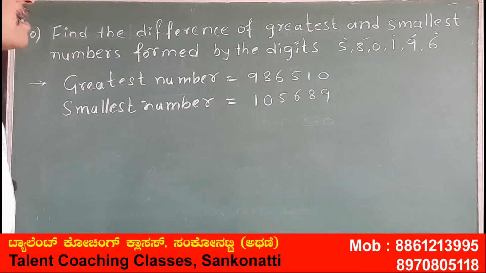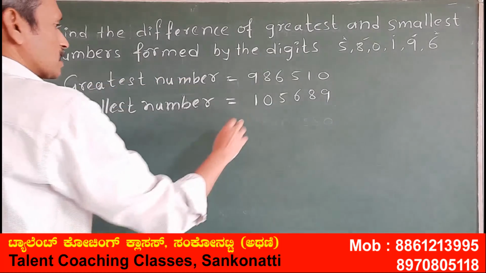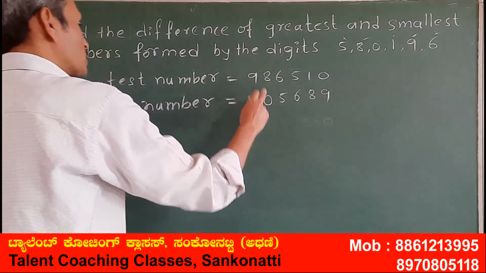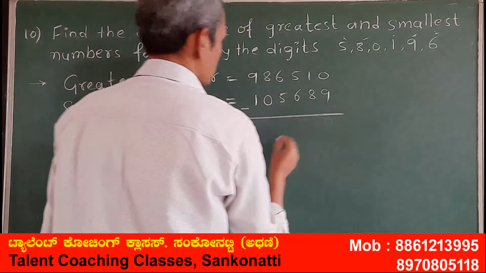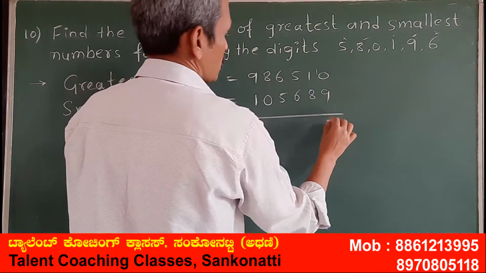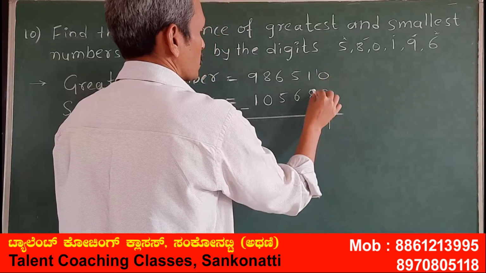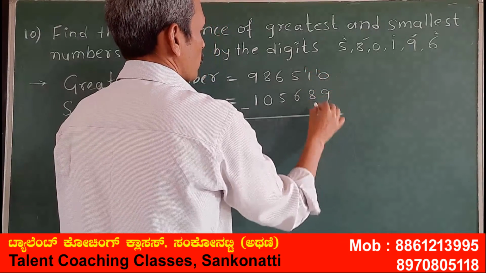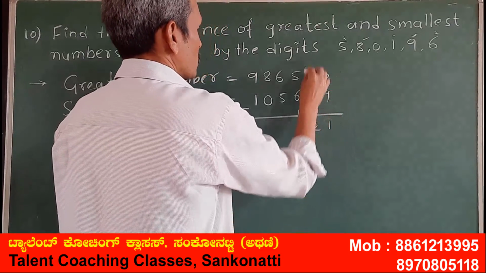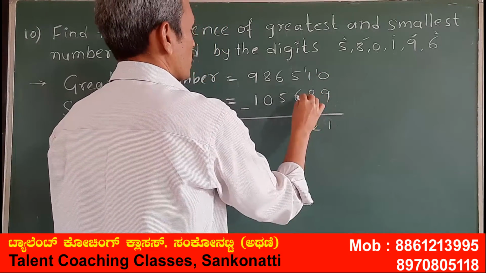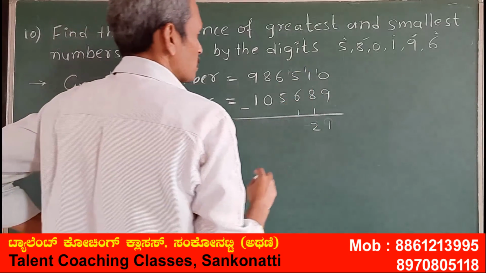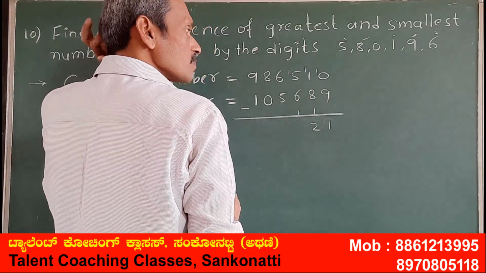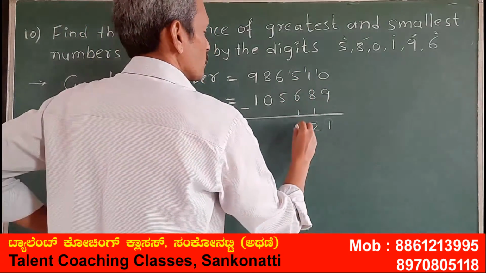To get the difference of these two numbers, we subtract the smaller number from the greater number. Now what do we get after subtraction? See here, 10 minus 9 is 1, taken carry, given back. 8 plus 1 is 9, 11 minus 9 is 2. Once again give back, 6 plus 1 is 7, 15 minus 7 is 8.